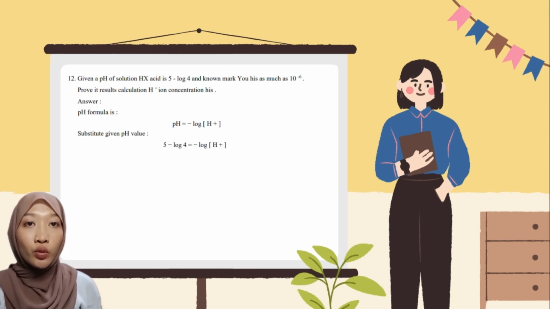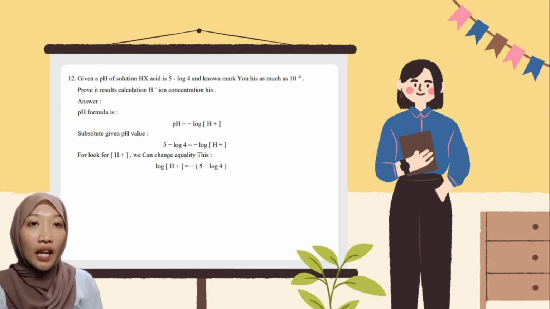Next, substitute the given pH value 5 minus log 4 equals minus log concentration H plus. To look for concentration H plus, we can change the equality. This is log concentration H plus equals minus 5 minus log 4 equals minus 5 plus log 4.